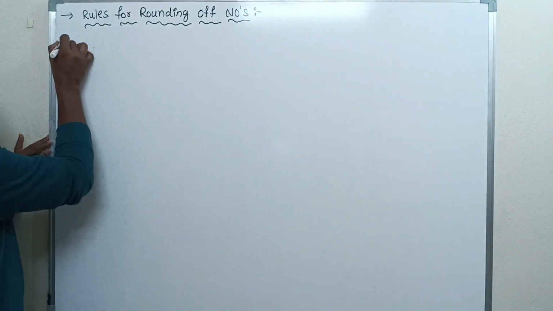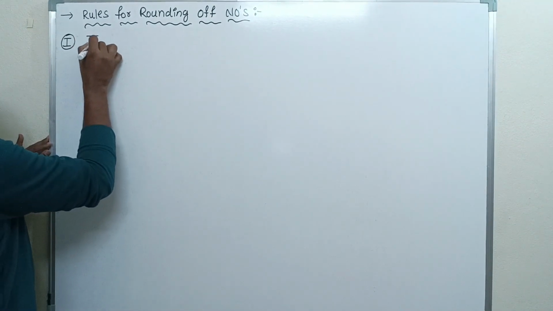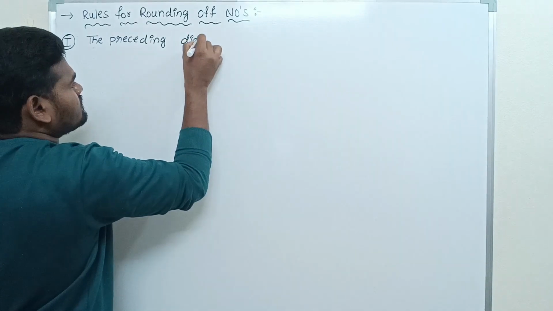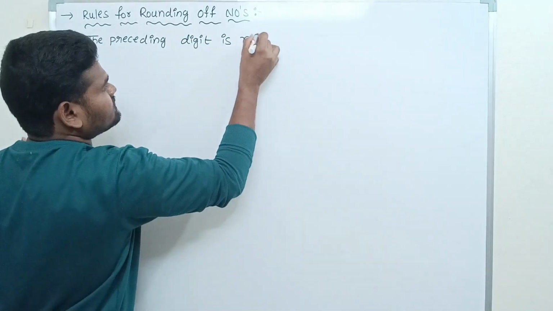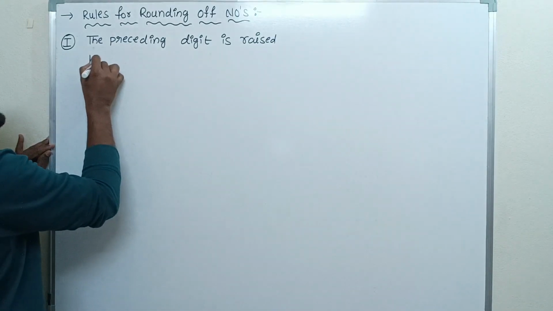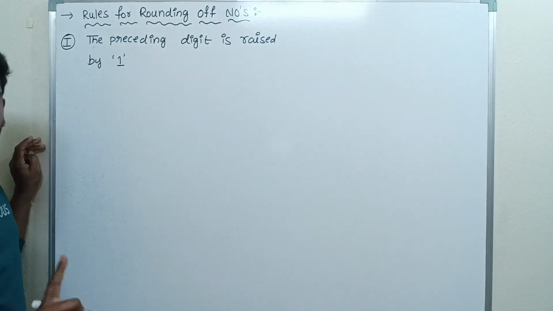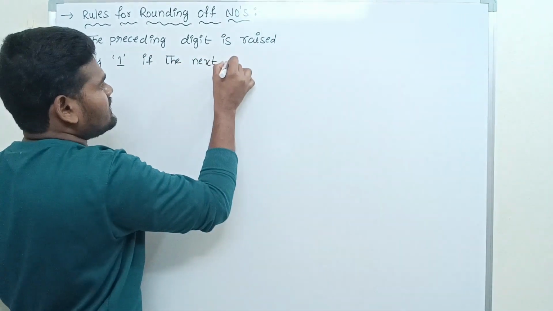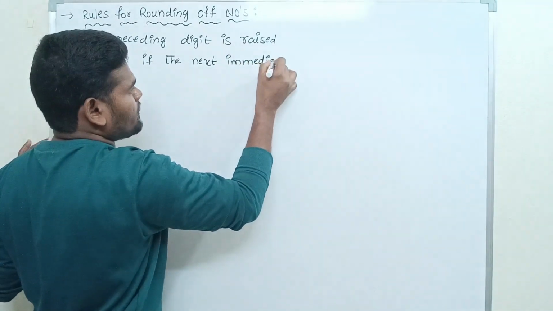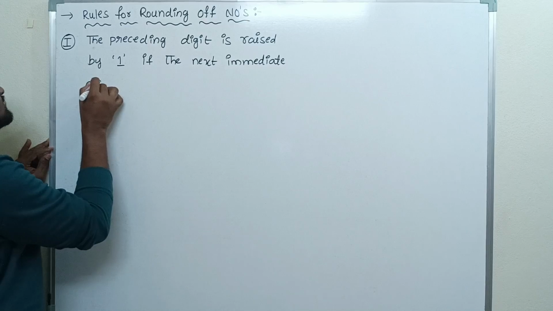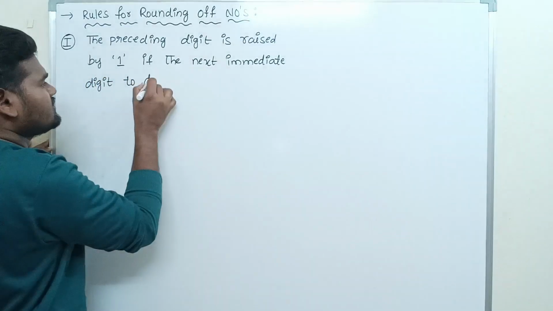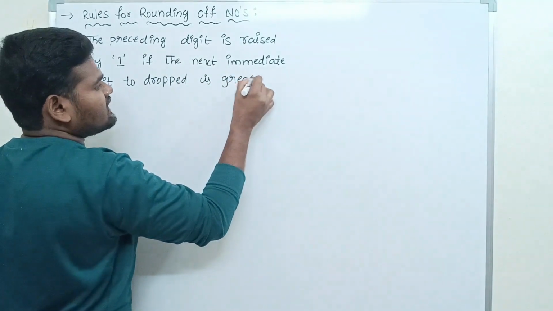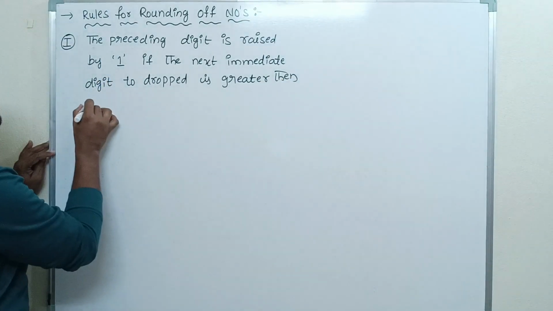Okay, right. First rule: the preceding digit is raised by 1 if the next immediate digit to be dropped is greater than 5.